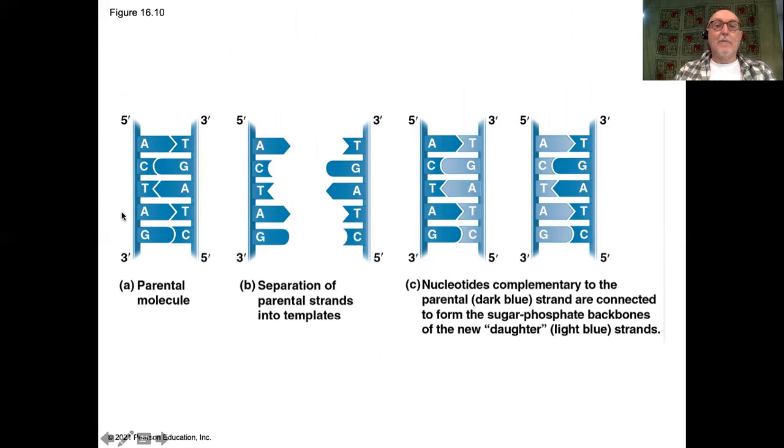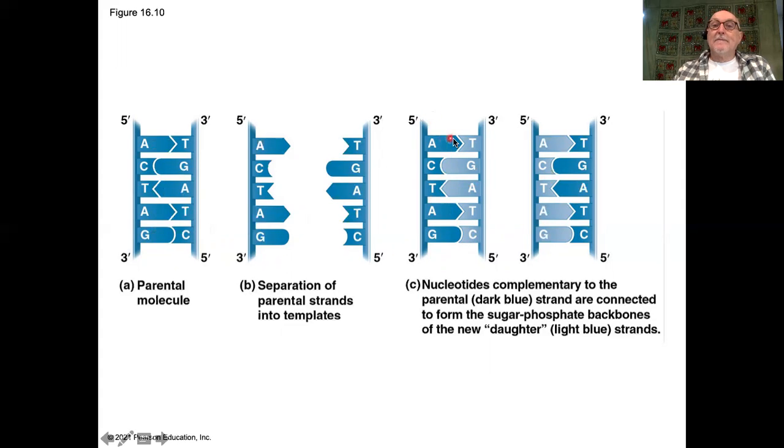Okay, here we have the parental molecule, and we're going to separate them like this, and then we're going to build the new ones. Here they match A to T, C to G, T to A, G to C. Split them apart, and we can now recreate A to T, G to C, A to T, T to A, etc. So there's a couple of things to notice here.